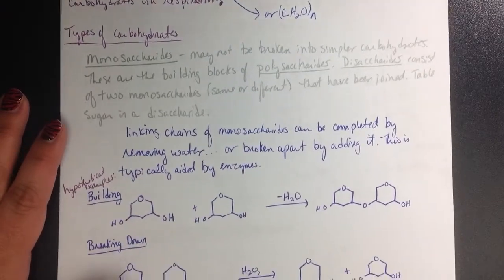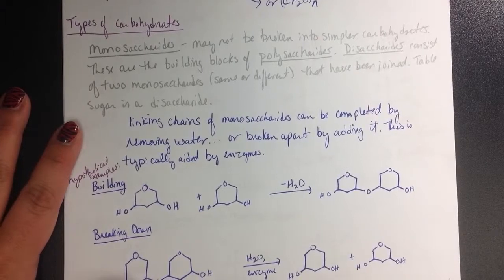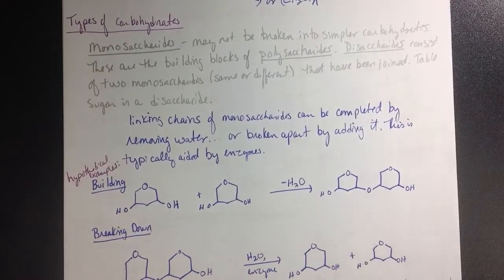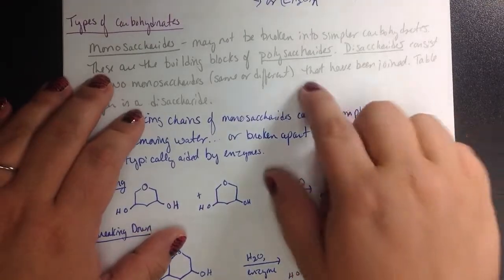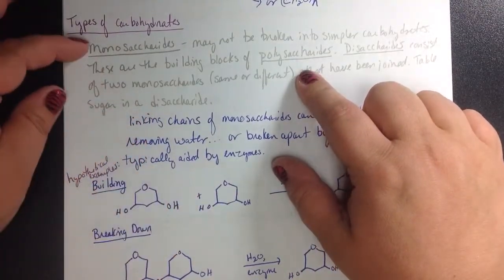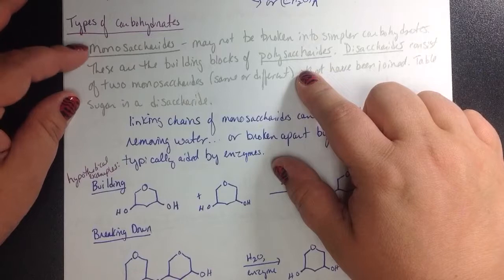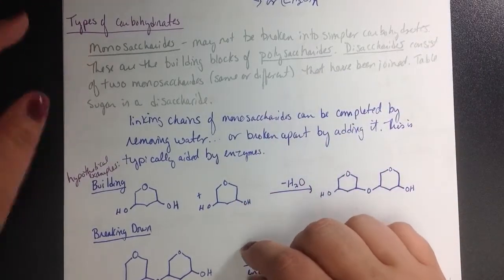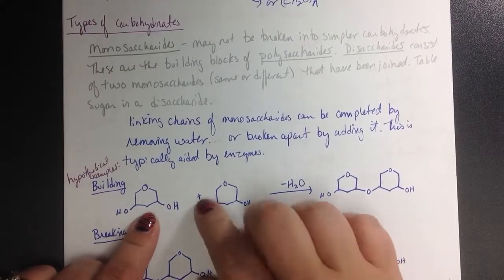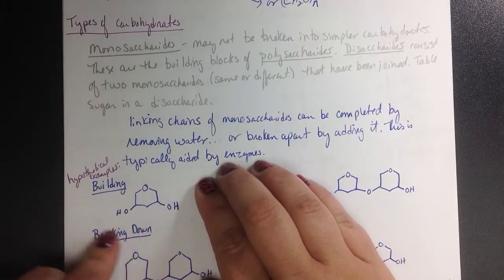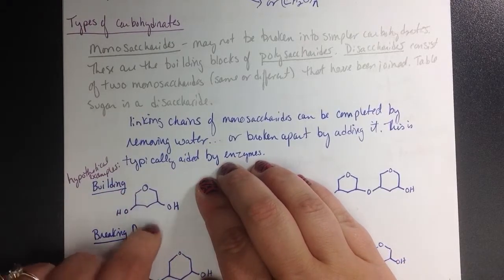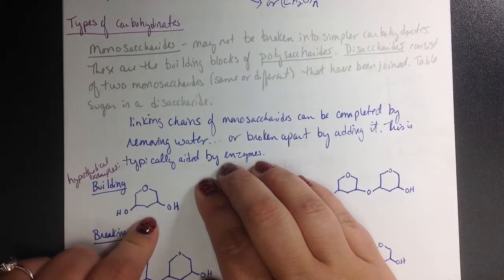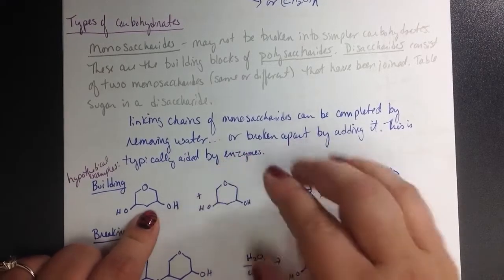Carbohydrates are kind of like the body's polymers, if you want to think of it that way. And that's sort of why we learn about them, but also because they're so important. Monosaccharides are sort of the building blocks, right? So if you have one thing, that would be a monosaccharide, and this is a poor example, but it's trying to get you through a simple version of them.